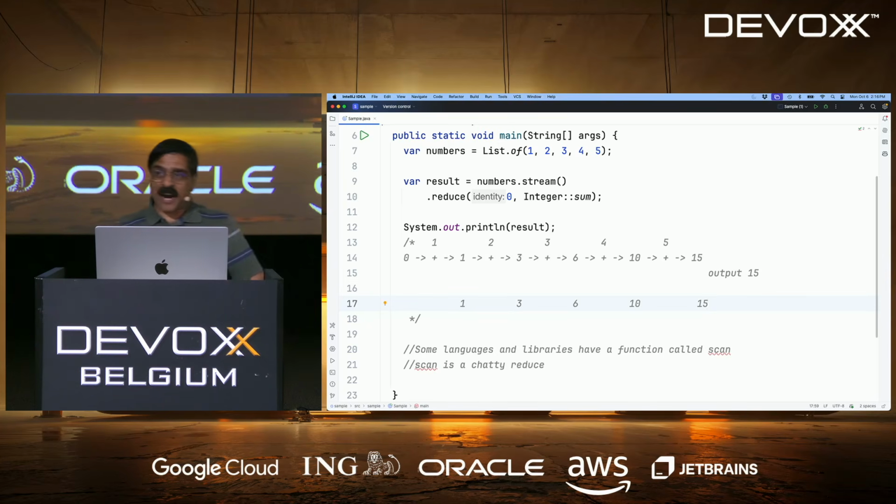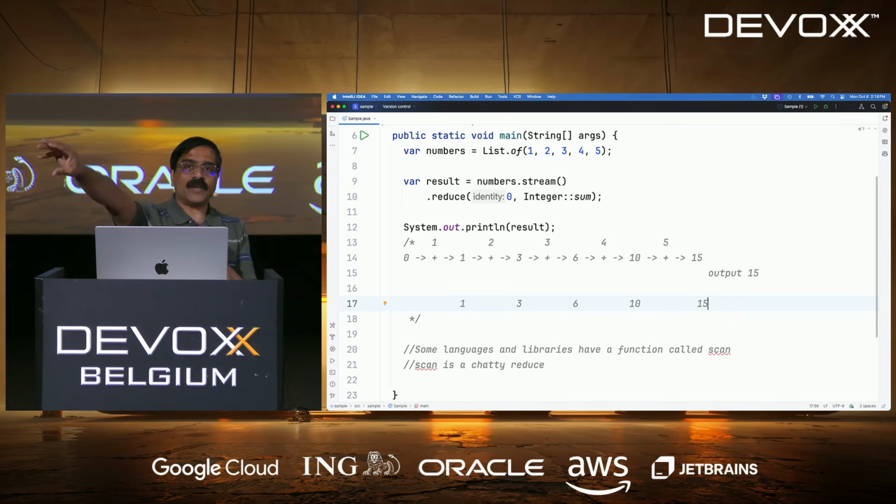Languages like Scala and Kotlin have a scan method. You also have reactive libraries like RxJava that have a scan method as well. Why would you need something like a scan? As the data is being received and processed, you may want to keep updated certain output, or continue processing while you are performing the calculation you are interested in.